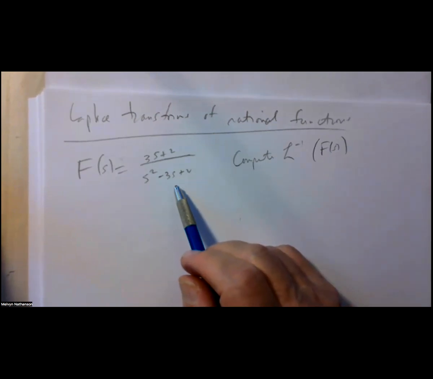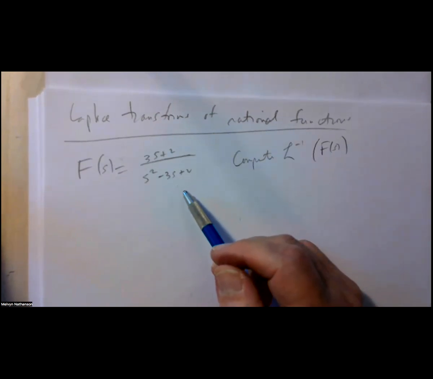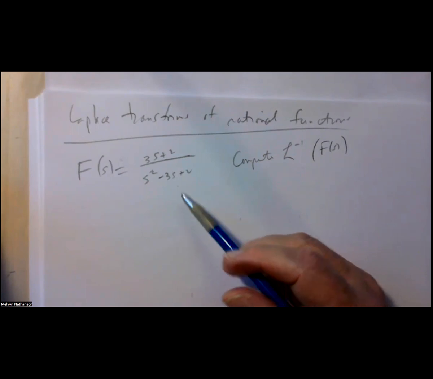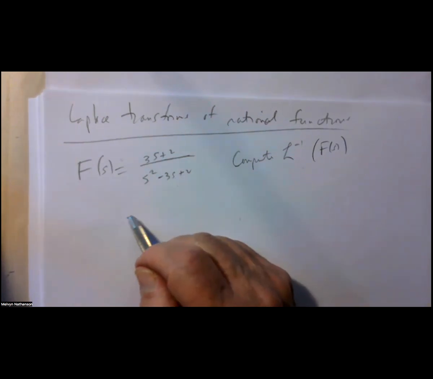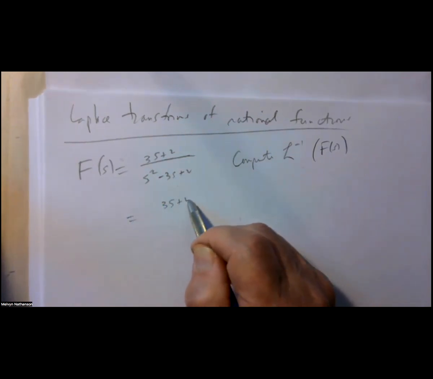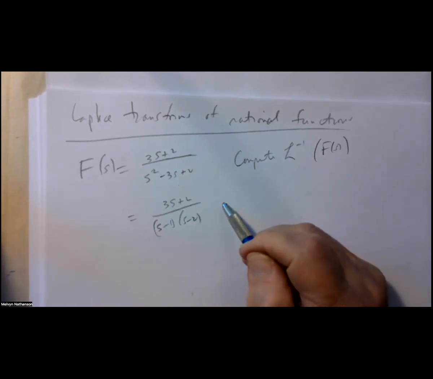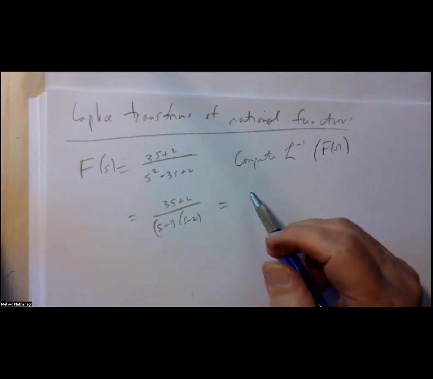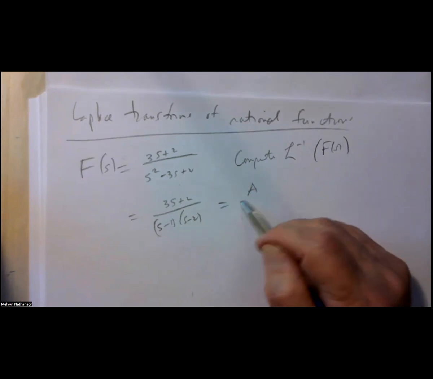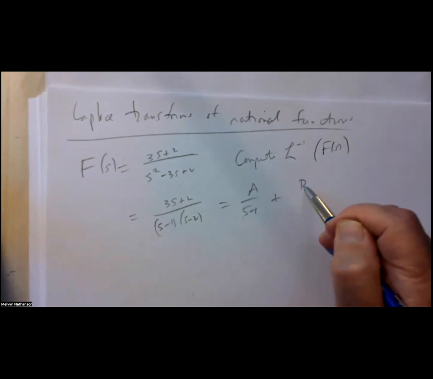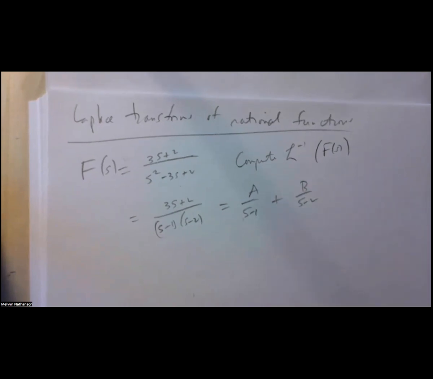Of course, there are lots of things we can do with this, but we can notice the denominator factors. And then you can write this as partial fractions, a over s minus 1 plus b over s minus 2.